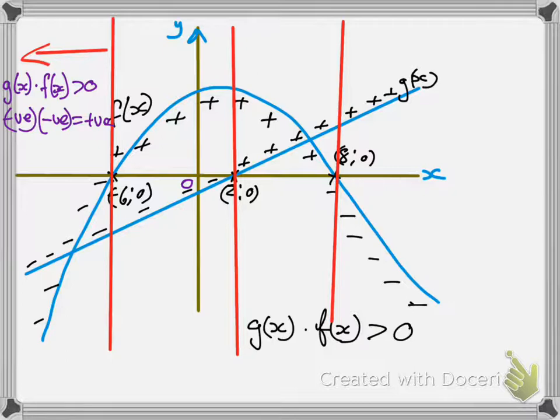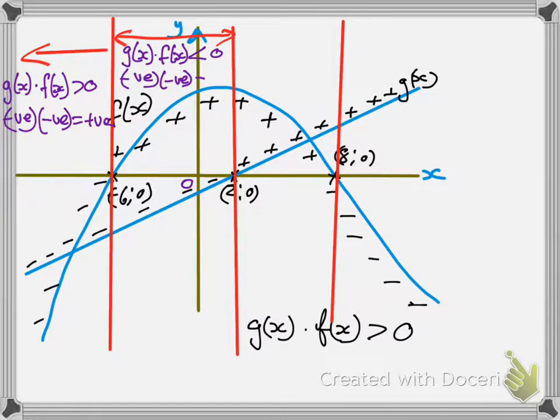Moving on to the second zone, which is between -6 and 2. If I do g of x multiplied by f of x in that zone, the value will be less than 0. In this zone, g of x is negative, and you multiply by the corresponding f of x value, which is positive.